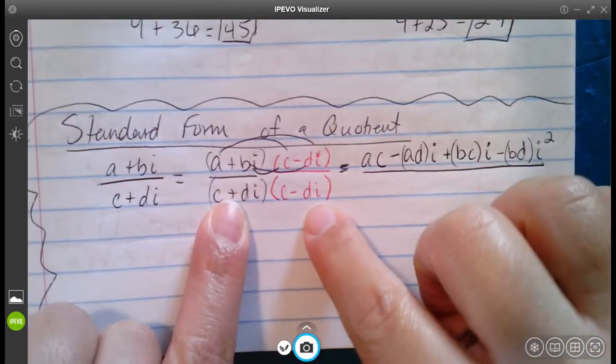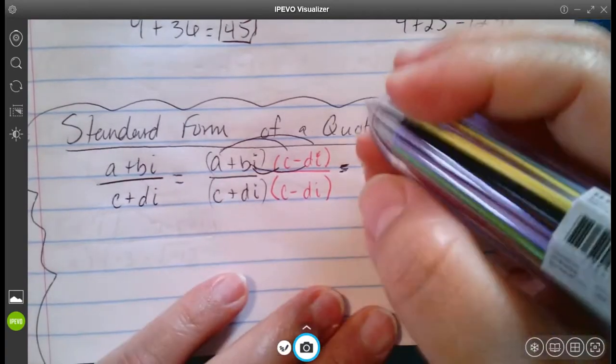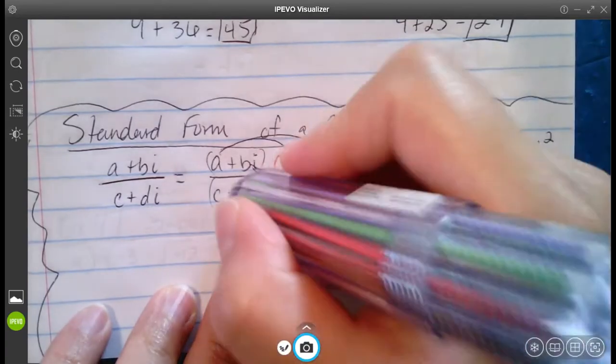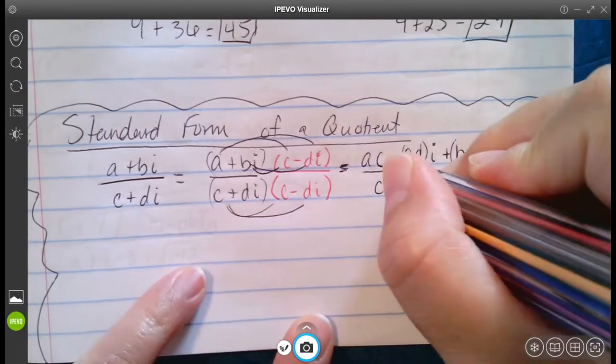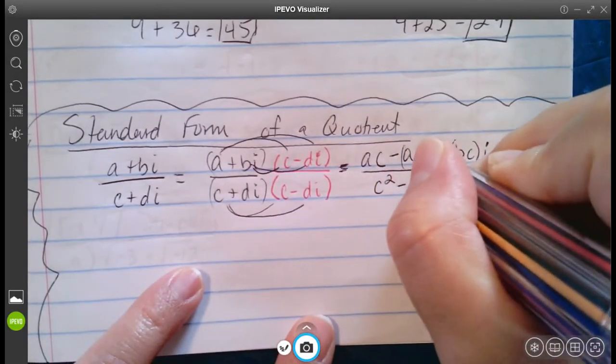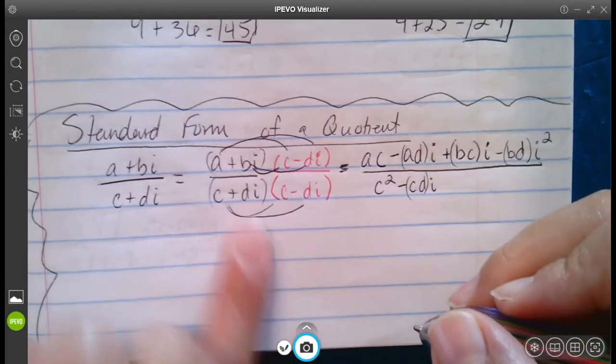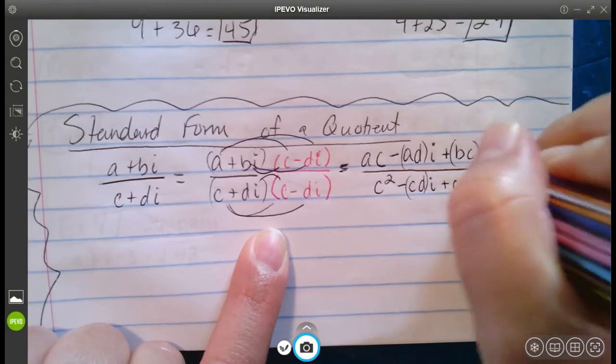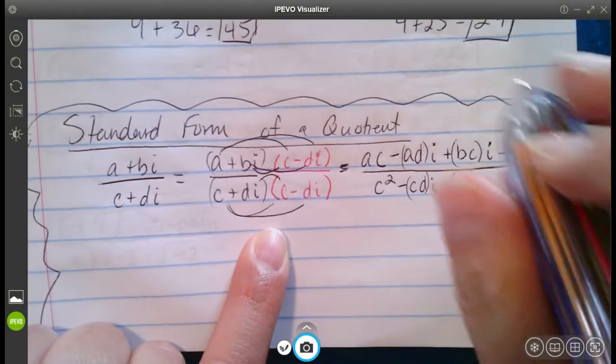So you should kind of know what this is going to be already, but we can go through it if you want. So c times c is going to be c squared. C times negative di is going to be negative cdi, okay? The middle part is going to be positive cdi, okay?